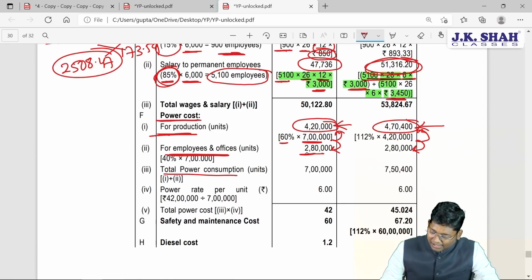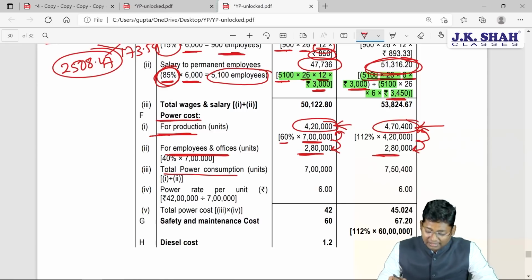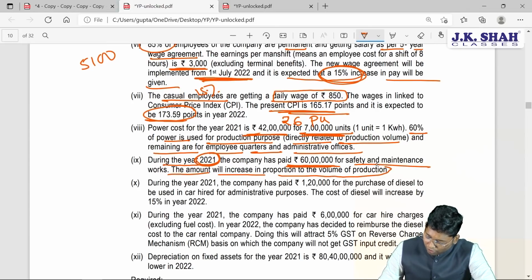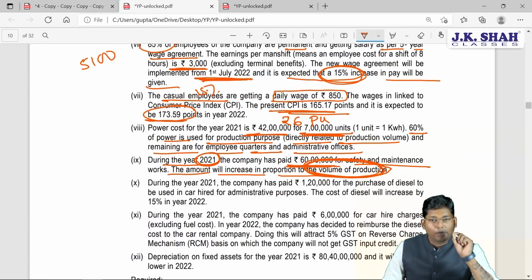Now sir, why is this power consumption not increased over the period of time? See here. During the year 2021, the company has paid rupees 60 lakhs for safety and maintenance. Everything is given. The amount will increase in proportion to the volume of production. Your production related power consumption is going to increase with the volume of production.